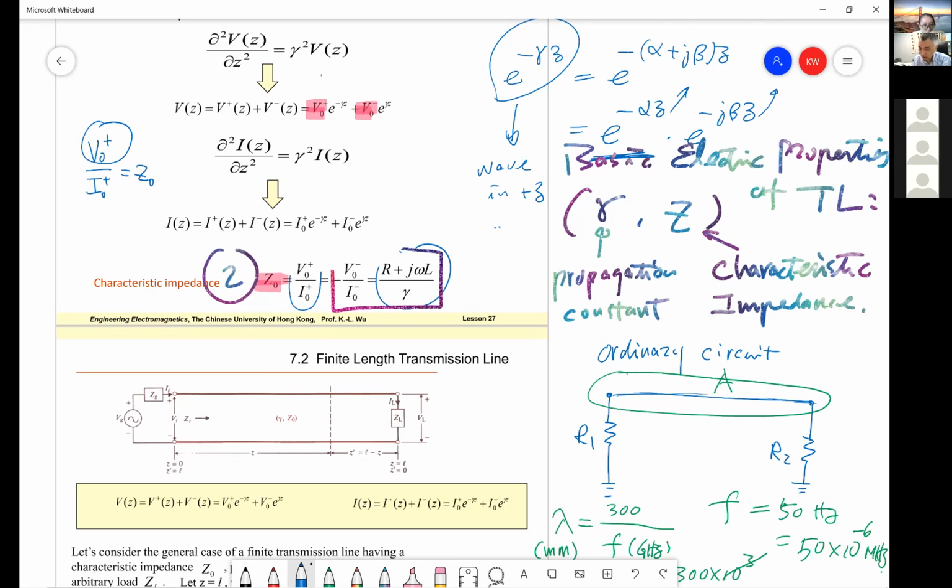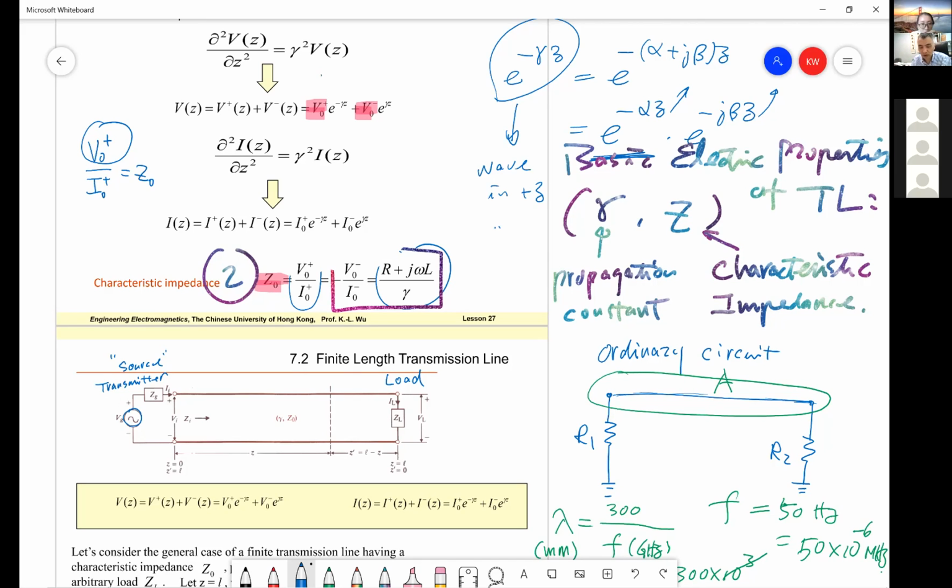Now, as I put load on one side, then I put source on the other side. This source could be a transmitter. So we have a signal generator, even though we only generate one frequency. We only consider one frequency.